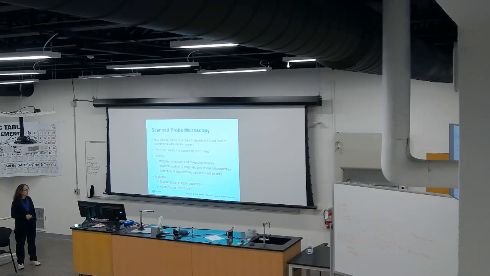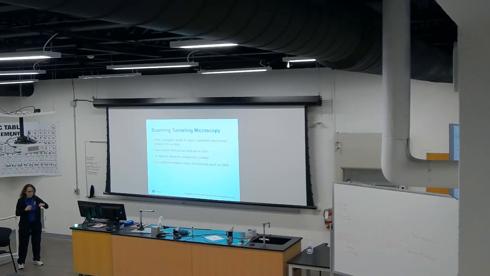We have a scanning tunneling microscope and an atomic force microscope as examples of scan probe microscopes. So scanning tunneling uses a tungsten probe, and this probe goes along the surface, directly contacting the surface, creating a topographical map of this surface, and you can see up to atoms with this.